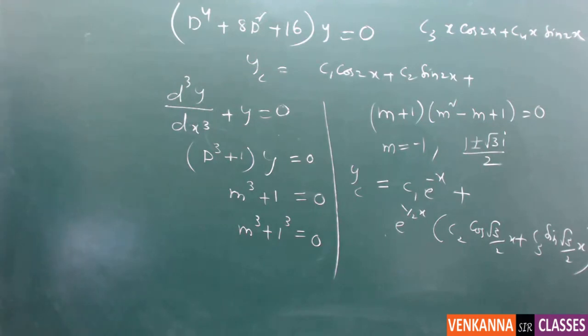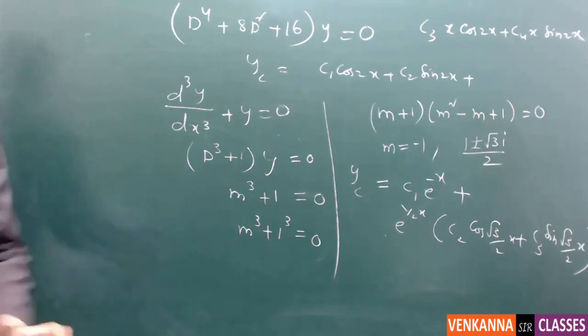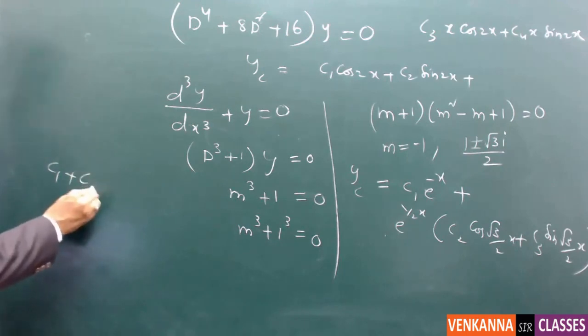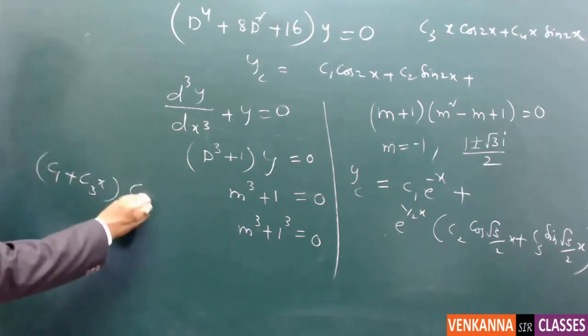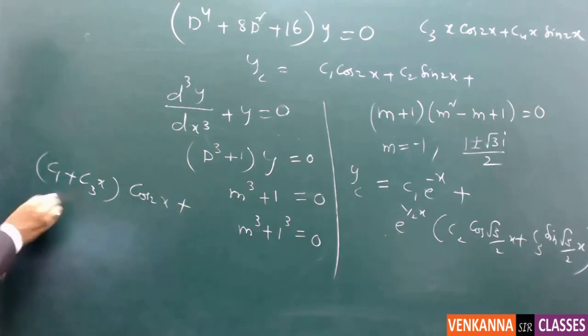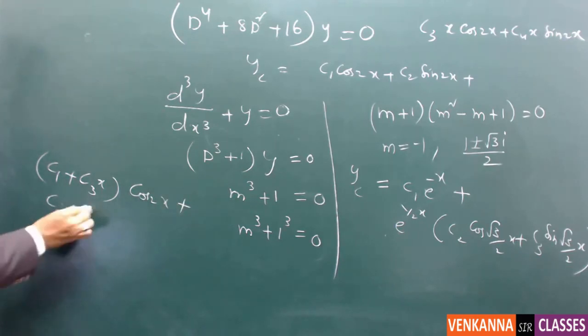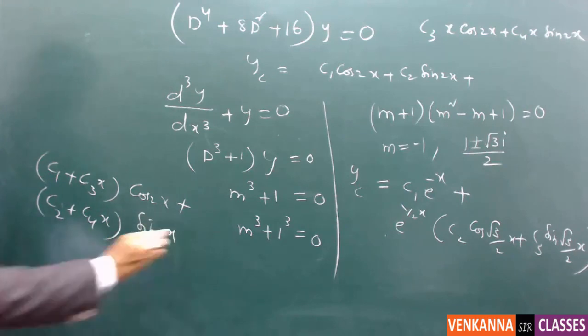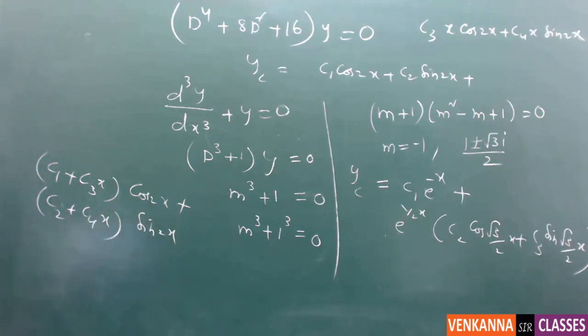C1 cos 2x plus C2 sin 2x plus C3 x cos 2x plus C4 x sin 2x. If you take common the values, C1 plus C3x into cos 2x plus C2 plus C4x into sin 2x. That is the solution in the simplified form.